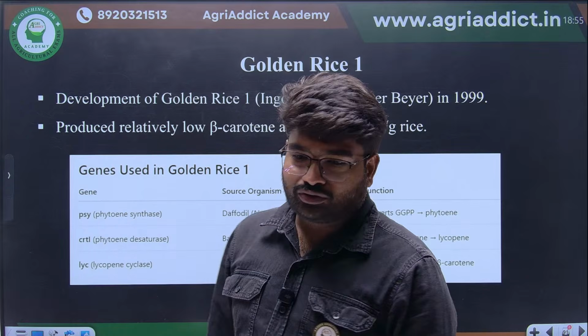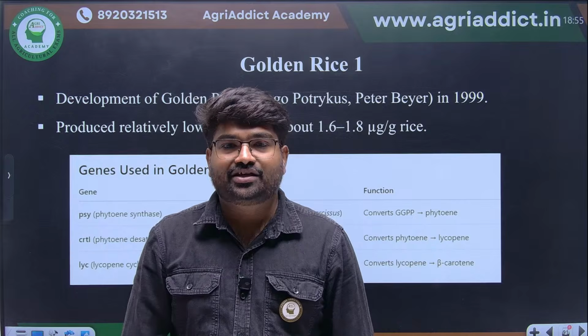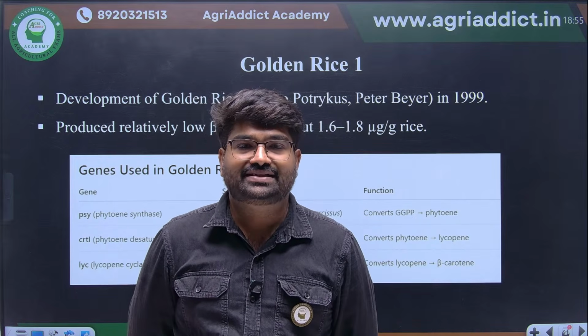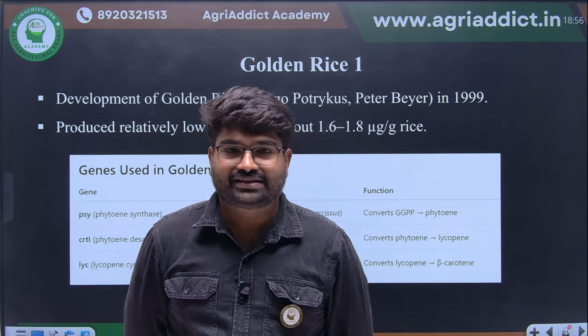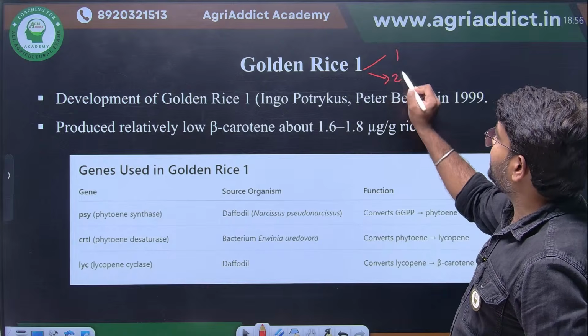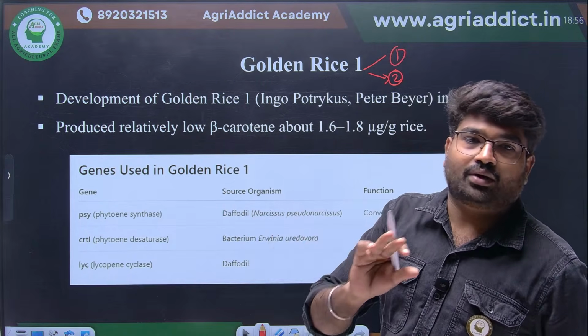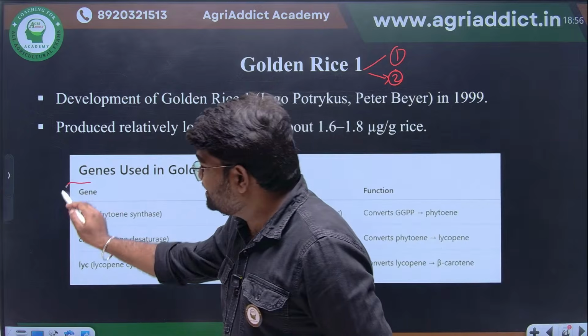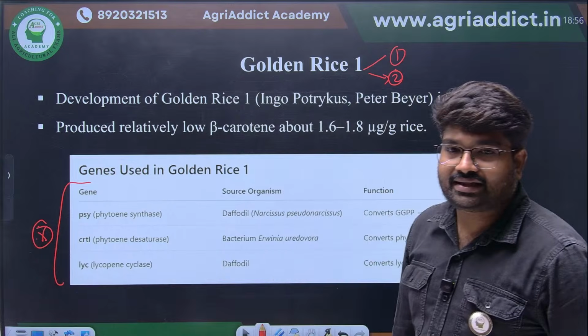We have seen up to now how to improve the quality. Now we are going to see the nutritional aspect, how to increase the nutrition, for example golden rice. Golden rice 1 and golden rice 2 are there. The key important thing they will ask is what are the genes and what are the sources of the genes they have integrated in the rice genome.